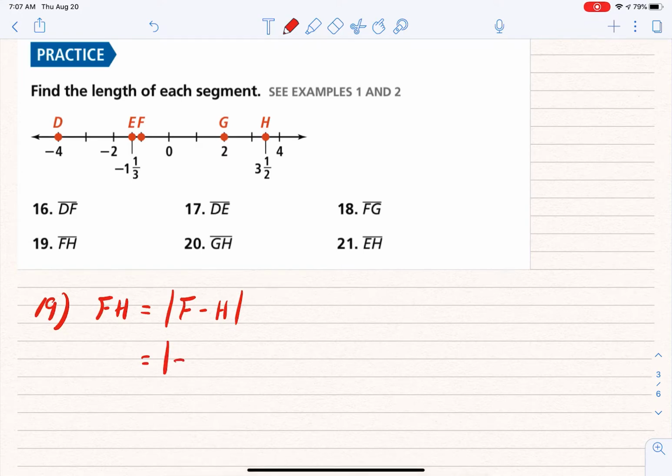F is at -1 minus wherever H is. H is at 3.5. And so -1 minus 3.5 is going to be -4.5. I have to take the absolute value of that, and that is 4.5. So the length of FH is 4.5.